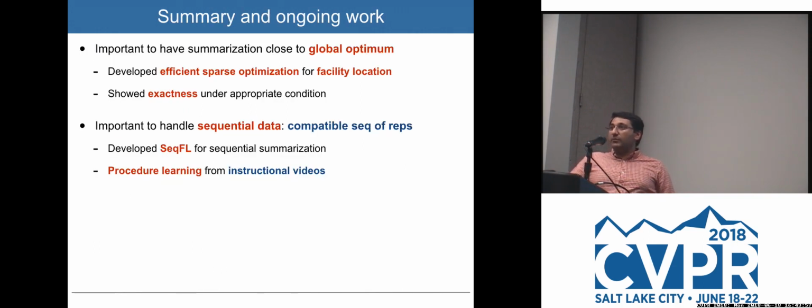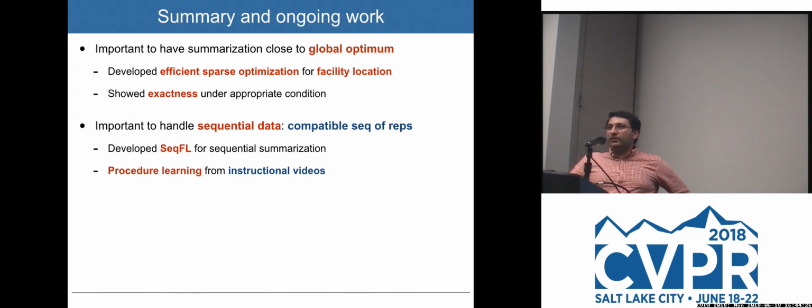To summarize, it's really important for summarization algorithms to be as close as possible to the global optimal solution. In the first part of the talk, I focused on facility location, and I showed that we can develop efficient sparse optimization algorithms for it that, under certain conditions, are exact, achieving the global optimum.